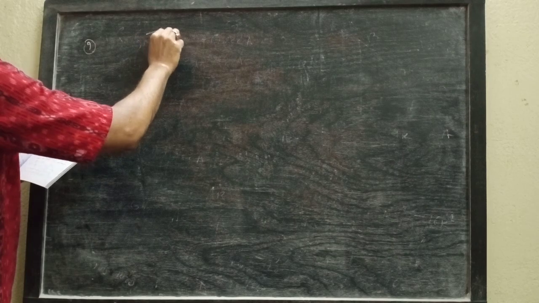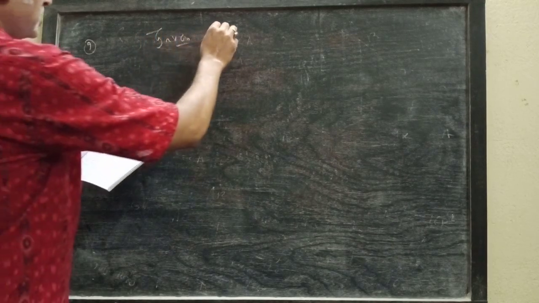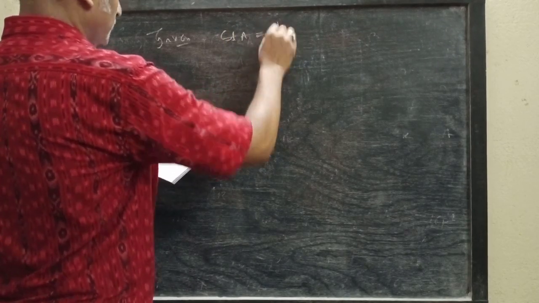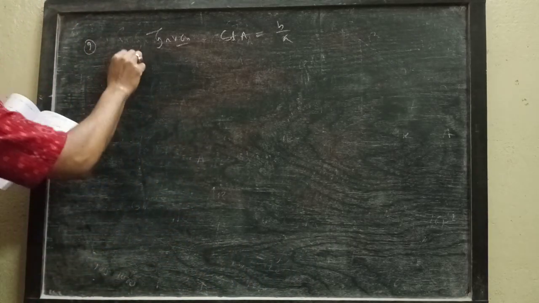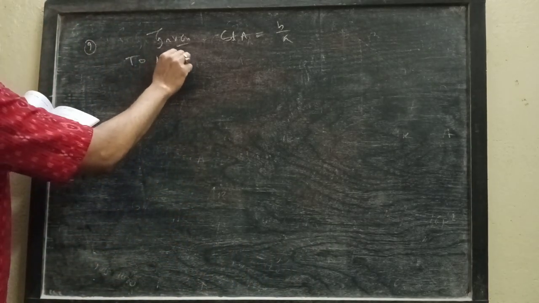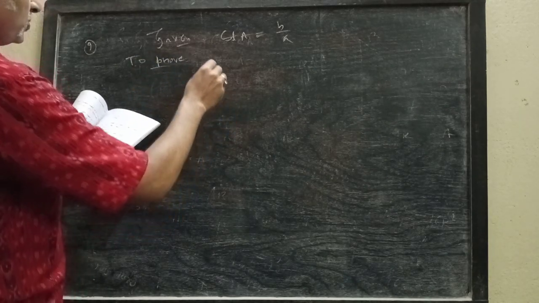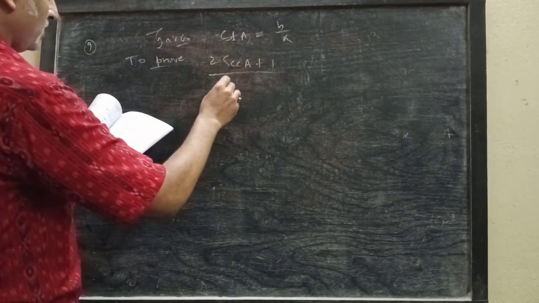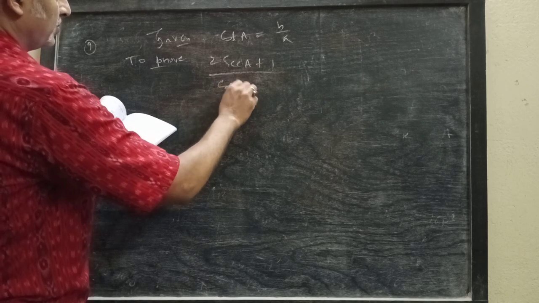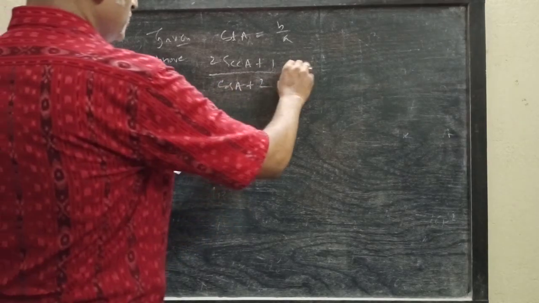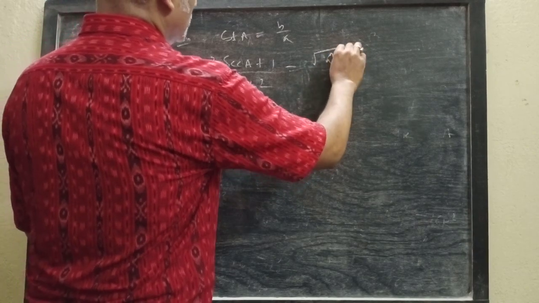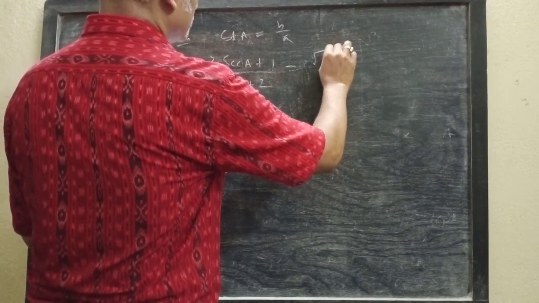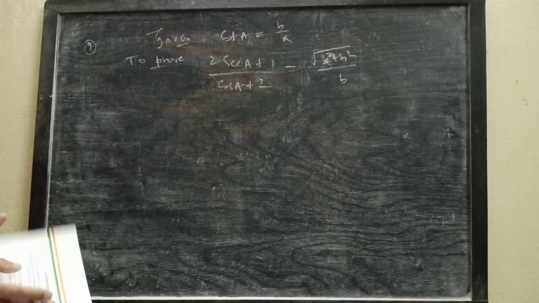Given cot A is b by a, small b by small a, and to prove 2 sec A plus 1 by cos A plus 2 is equal to root over of a square plus b square by b.